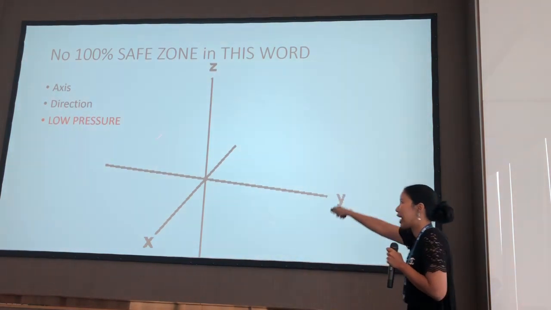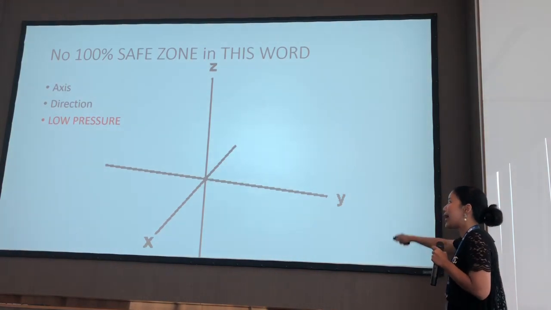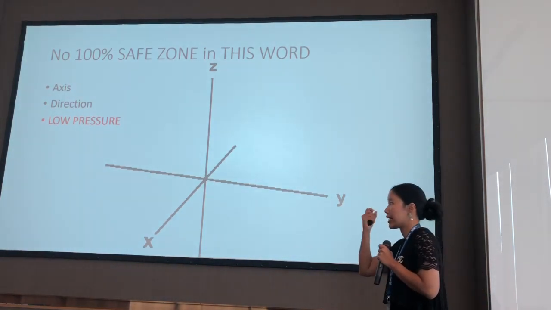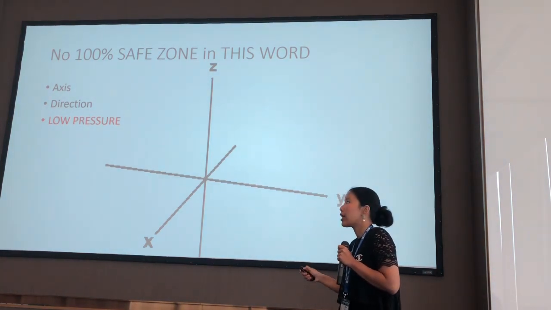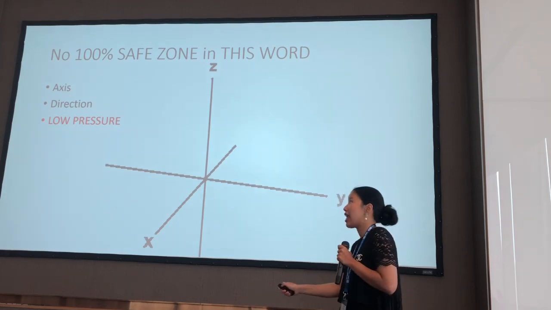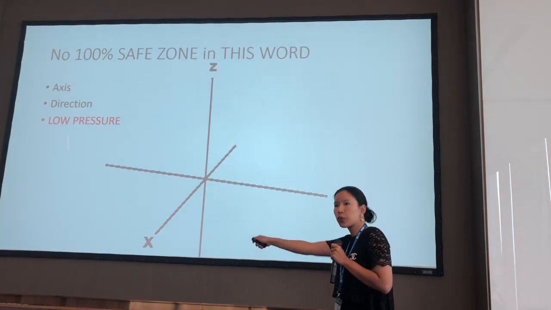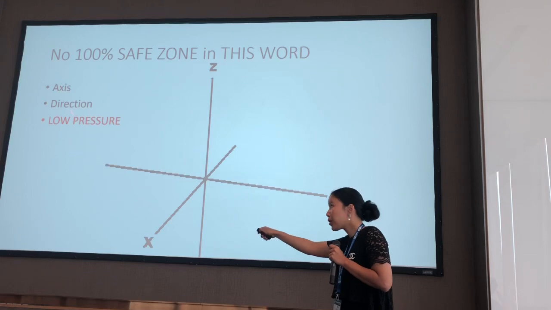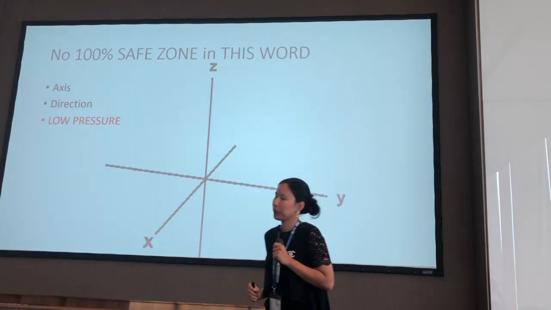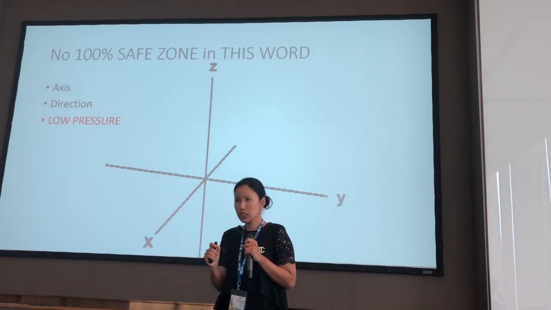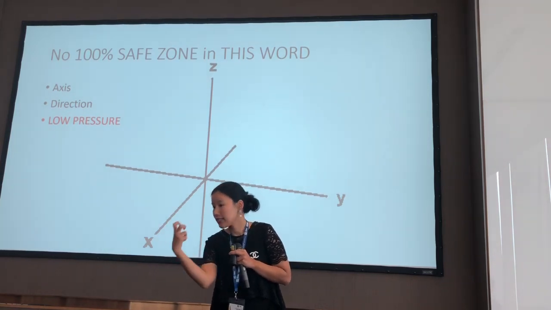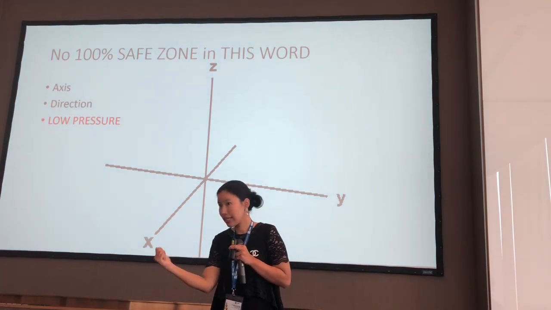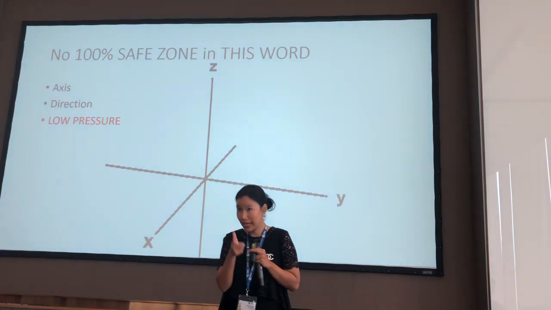So, remember again, the X, Y, Z frame of injection. You have to consider the axis, the depth of the injection, the direction of injection, and a very important keyword is low pressure injection. Super important one. Because you know, the cause of the vascular complication is that the pressure at the end of your needle overcomes the pressure in the vessel, right?